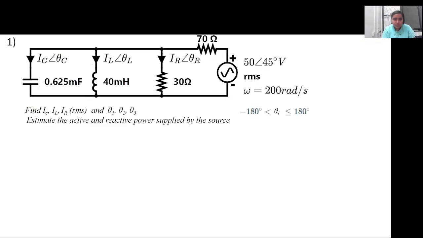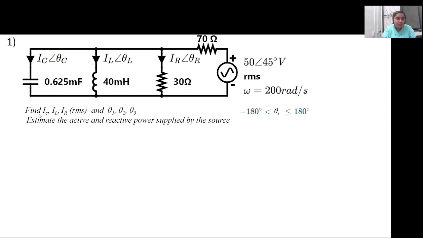So the first question that we have for today is, we have a circuit in which a capacitance, an inductance, and a resistance are connected in parallel to each other, and there is a sinusoidal voltage given in terms of the magnitude and the angle, whose frequency is also given in radians per second.